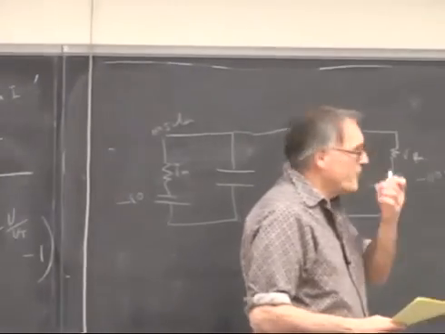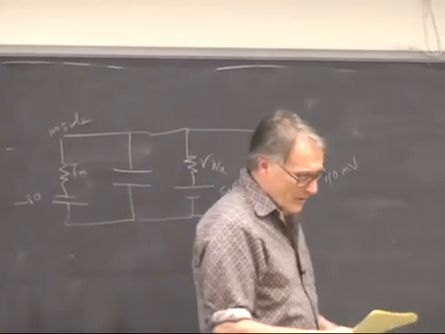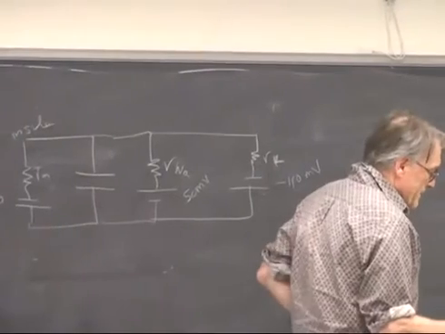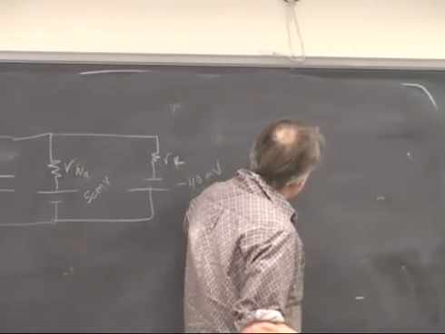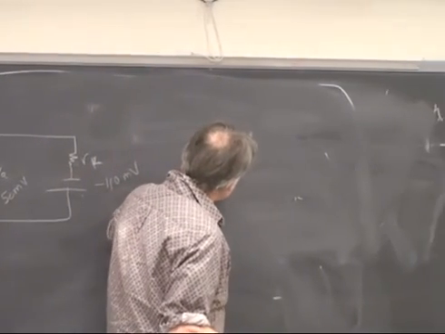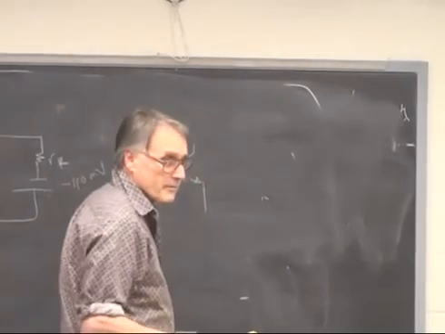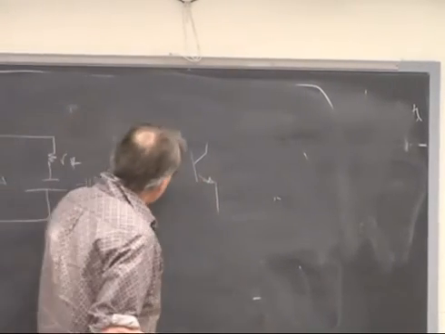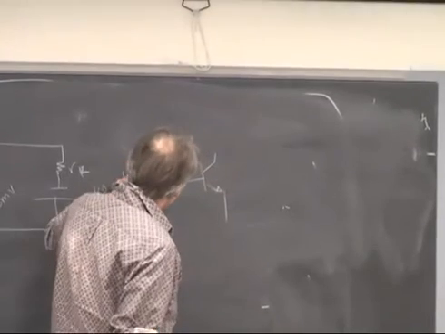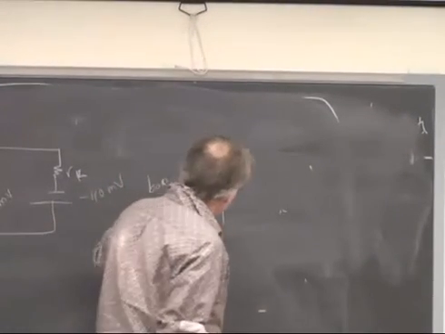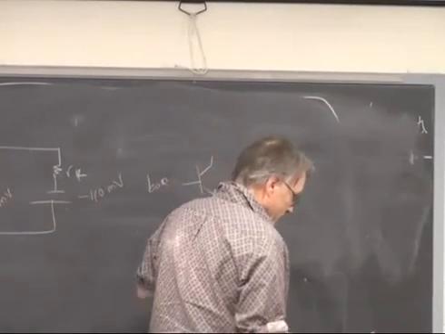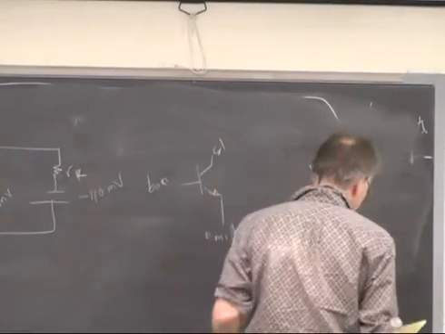Let me tell you a few facts about transistors, although you probably know them already. And that is that, let's say we start out with a PNP transistor. So this is a bipolar transistor, so-called base, emitter, collector.